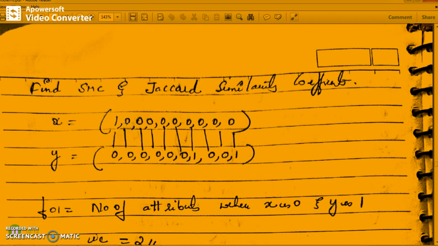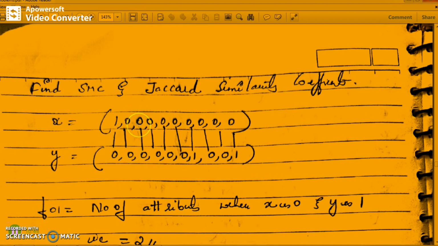It is the count of values where X is equal to 0 and Y is equal to 0. How many such values do you have here? The count of that only I want. So see here, X is equal to 0, here also Y is equal to 0. So the count became 1. So F00 count is 1.